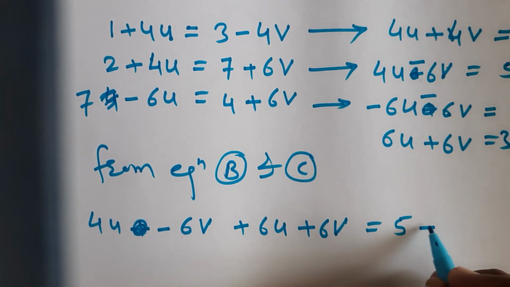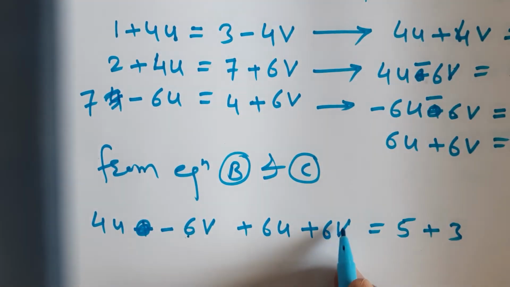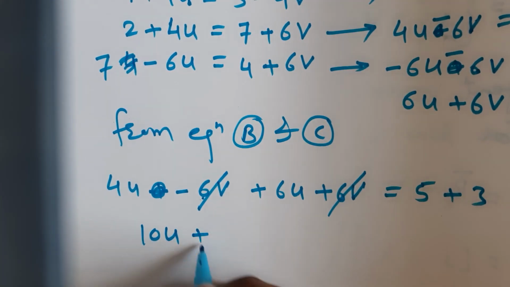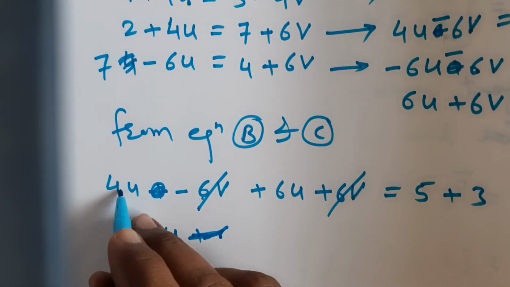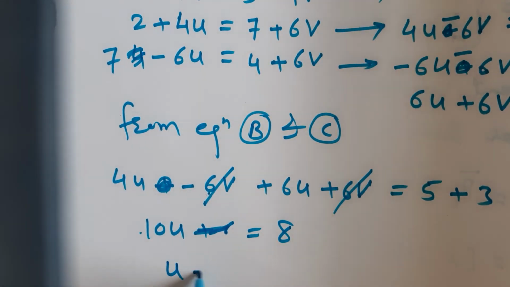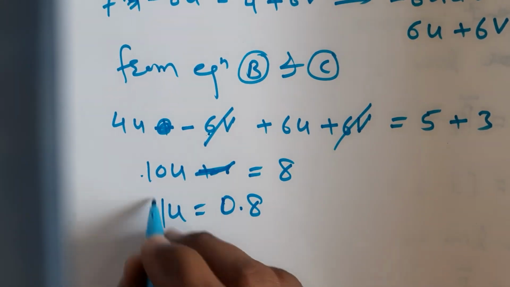So 5 plus 3. Now minus 6v plus 6v will get cancelled. So you will get 4u plus 6u is 10u is equal to 8. So your u will be 0.8.